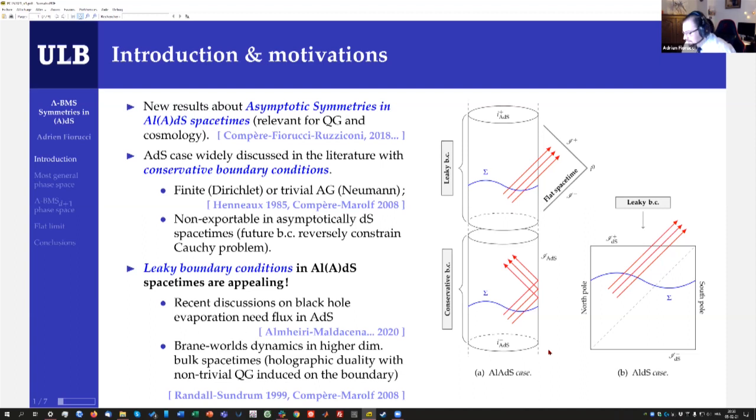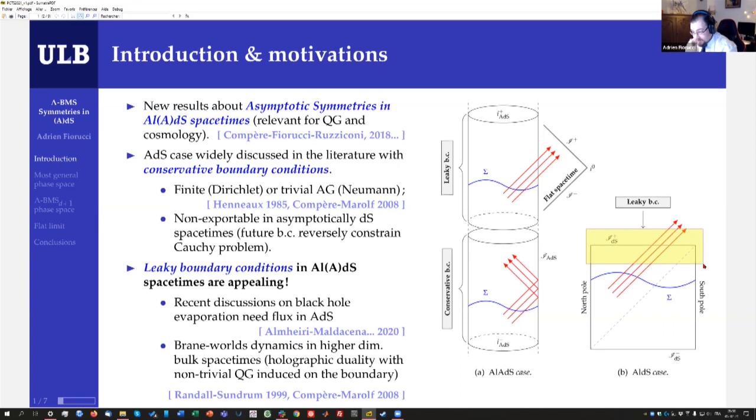Unfortunately, these kinds of boundary conditions are not exportable to asymptotically de Sitter spacetimes, because as you can see in the Penrose diagram here, if you impose too strong future boundary conditions, you will conversely constrain the Cauchy problem back in time, which is not a good feature.